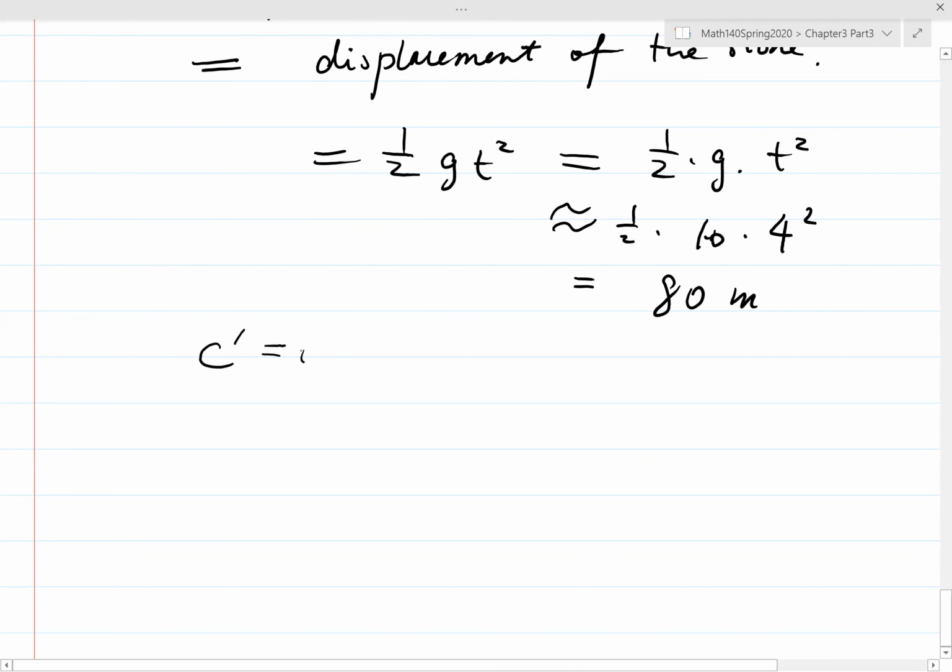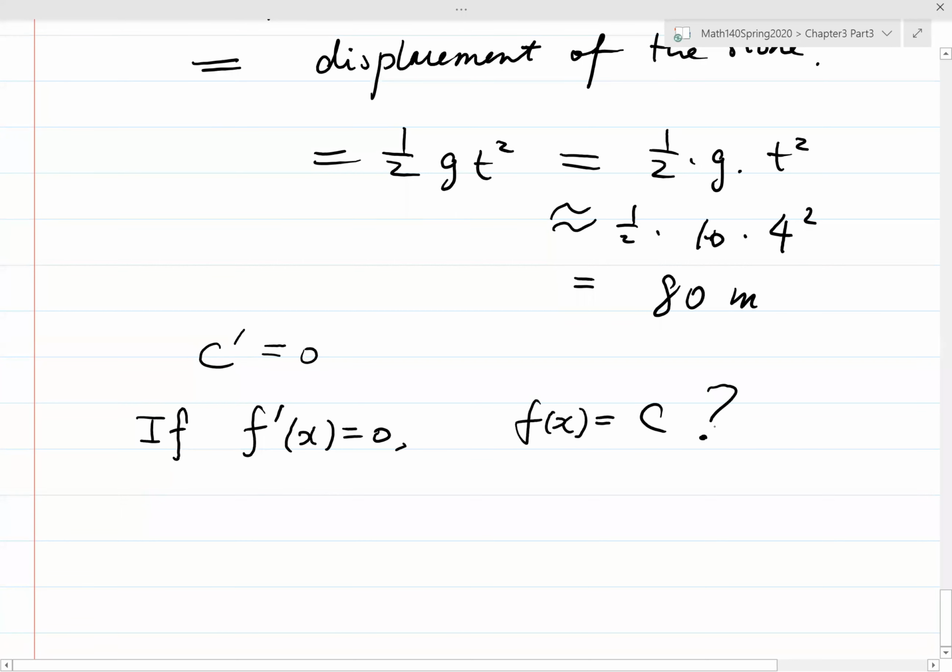A constant has derivative 0, but is the converse true? If f'(x) is 0, is it necessarily true that f(x) is a constant c? Okay, so you need to be careful.